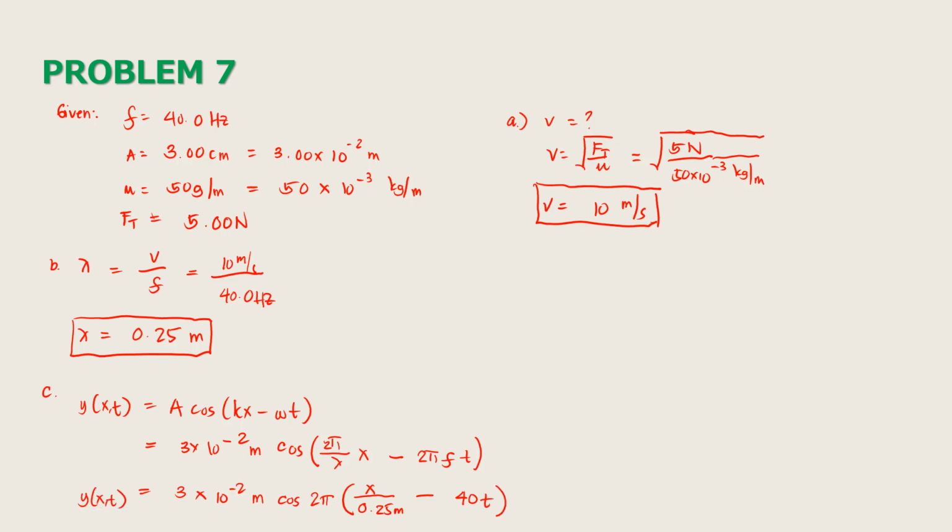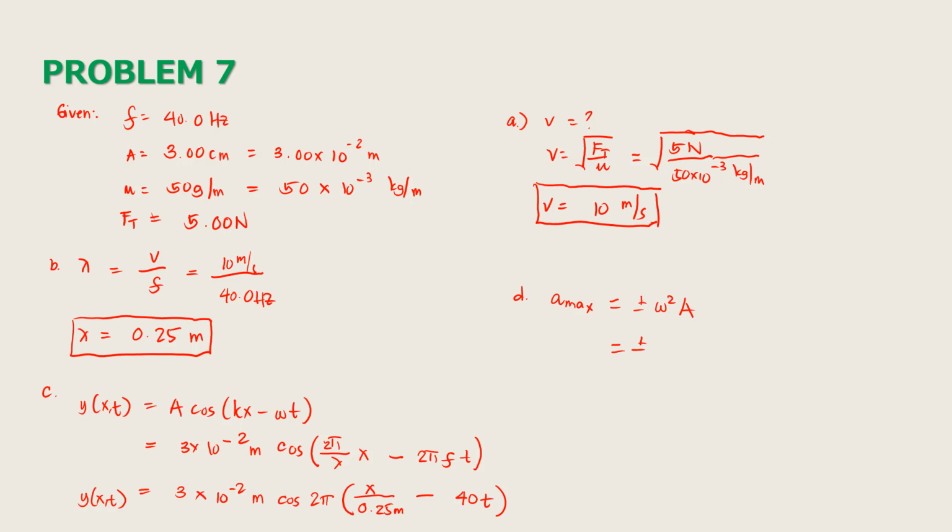And then for letter D, we calculate the maximum acceleration, A max. Now in our previous discussions, we have A max is just equal to plus minus omega squared A. So this is equal to plus minus omega squared.